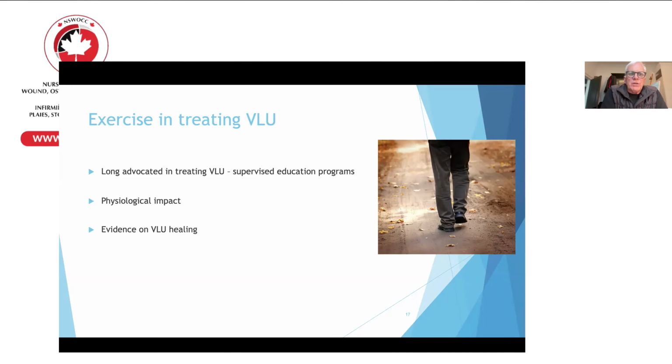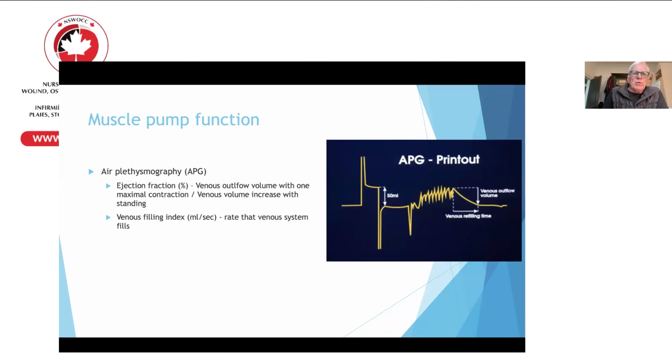We'll just touch a little bit on the physiological impact and also on the evidence of improving venous ulcer healing. And once again, a lot of the work with exercise programs has been done with various types of plethysmography. And as I mentioned before, looking particularly at the ejection fraction, which is the ability to pump blood out of the leg, and then that refilling function, how quickly it refills.